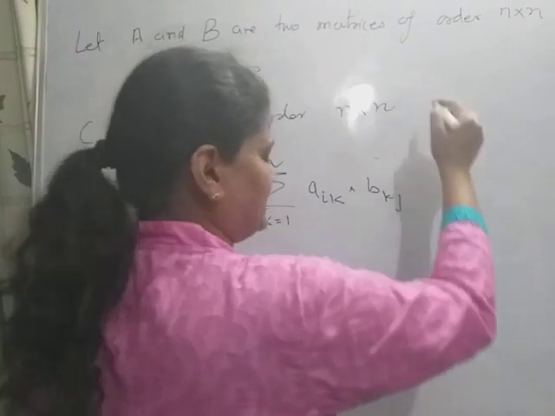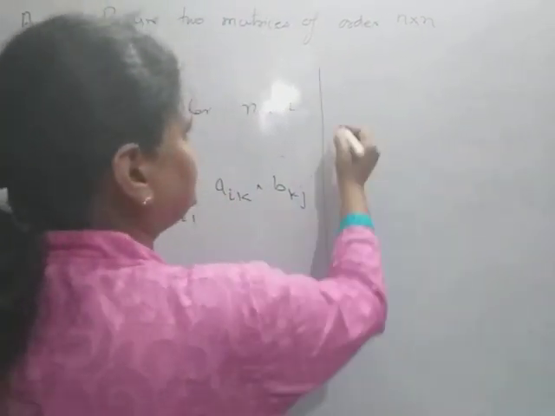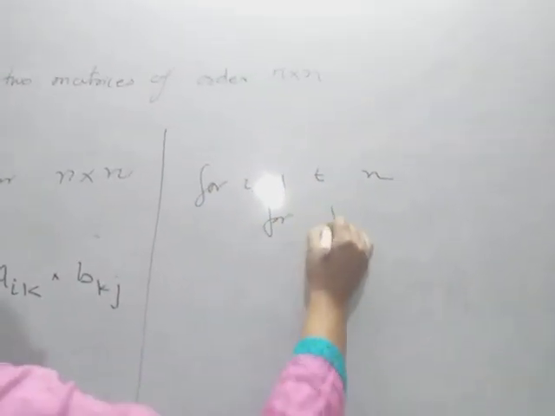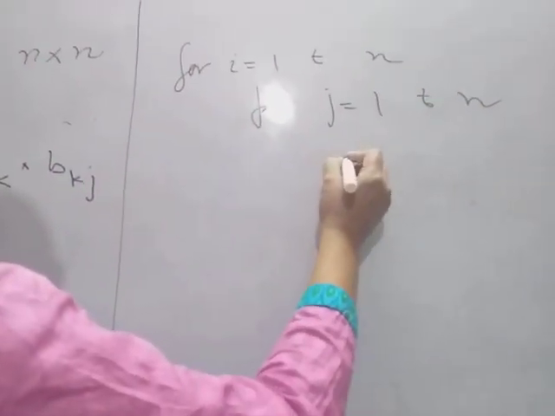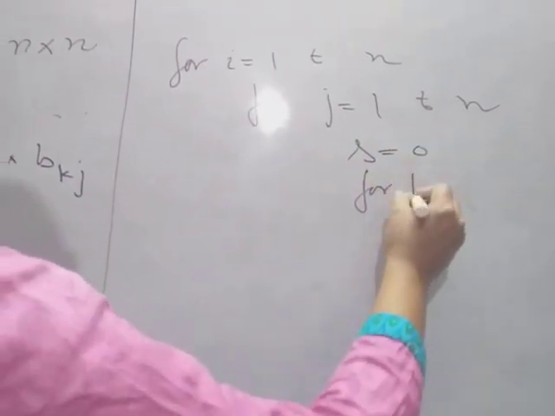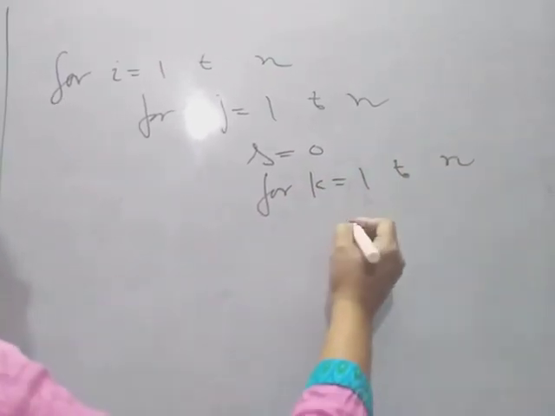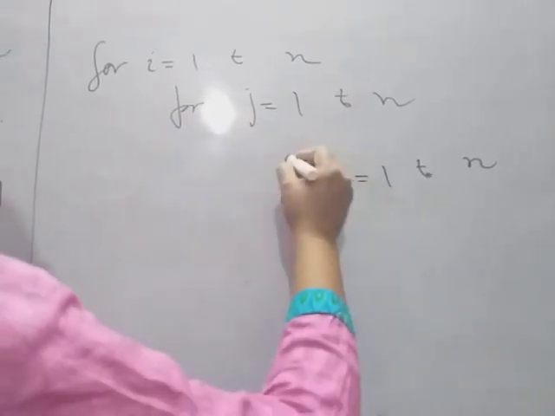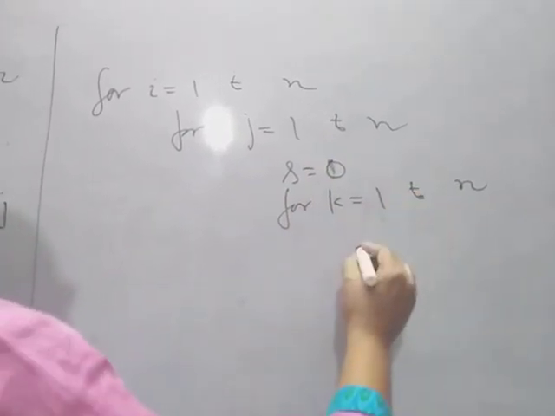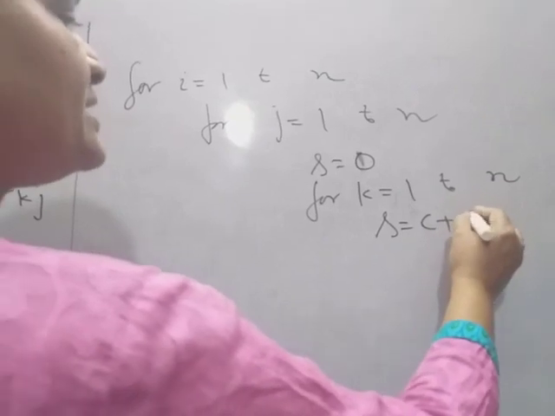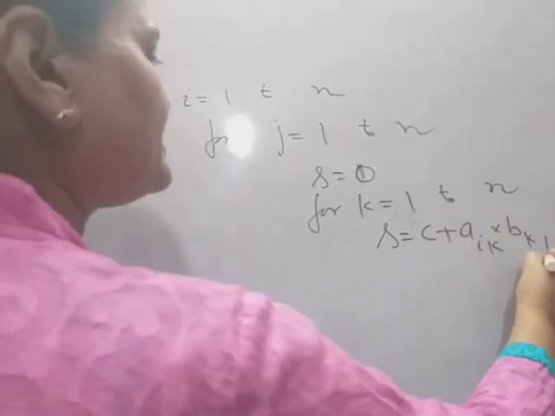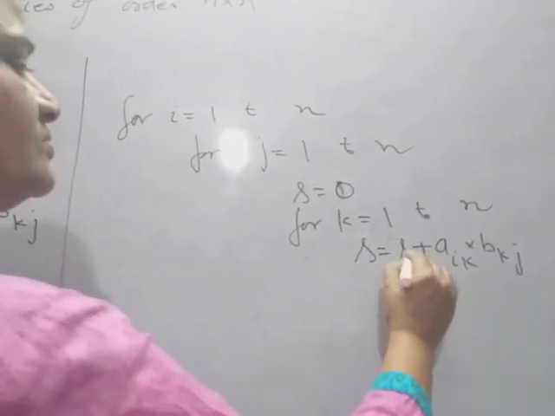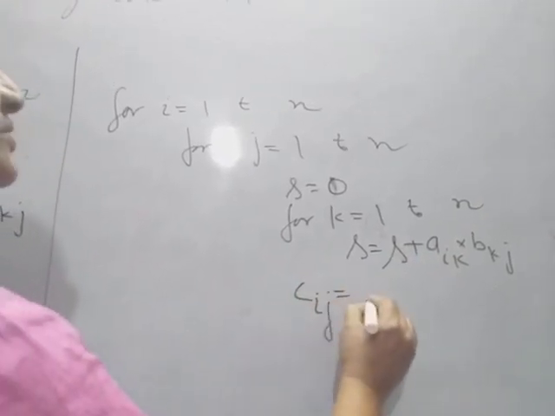If we write the simple procedure for this: for i equal to 1 to n, for j equal to 1 to n, s equal to 0, for k equal to 1 to n, s equal to s plus Aik into Bkj, and then Cij is equal to s.